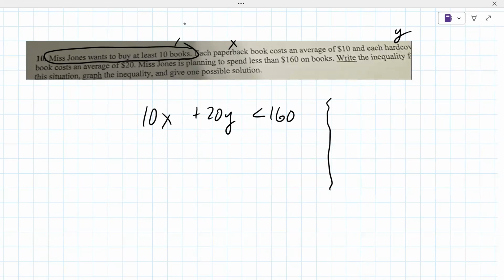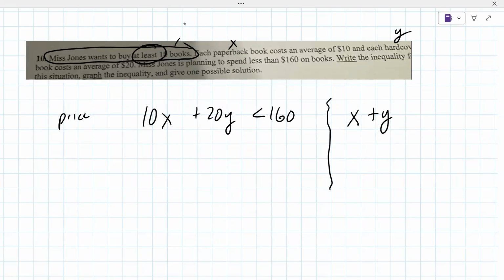Isn't it already an inequality right now? It is, but this is the one on price. Oh, for the one on number of books. Yeah, if she walks out with only 5 books, that violates this. She wants to buy at least 10 books. So then x plus y is less than or equal to 10.